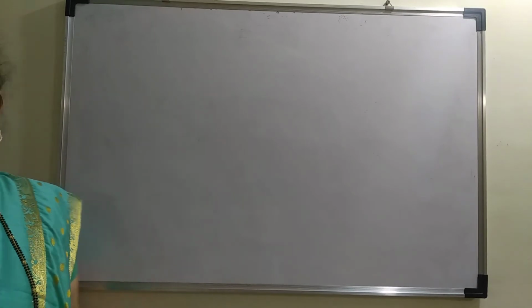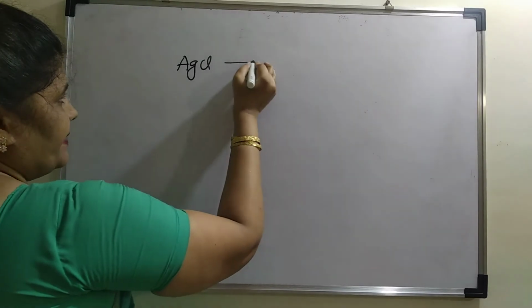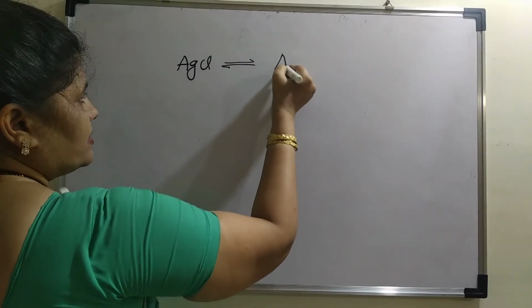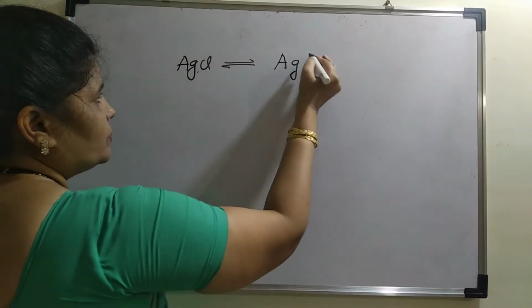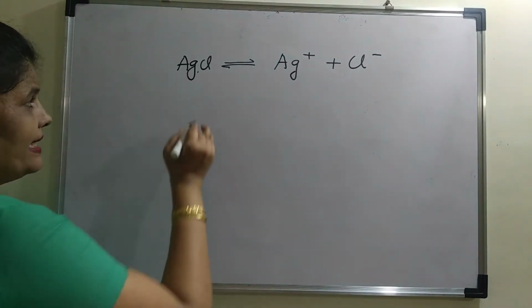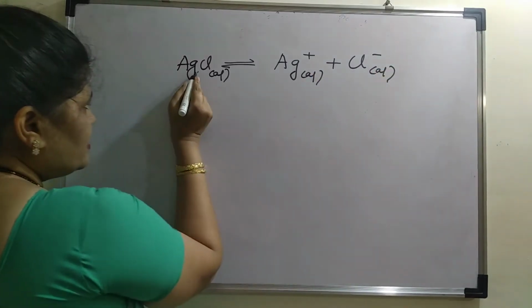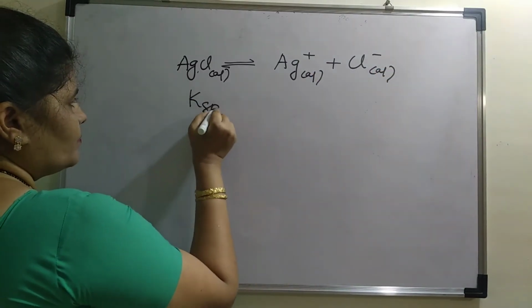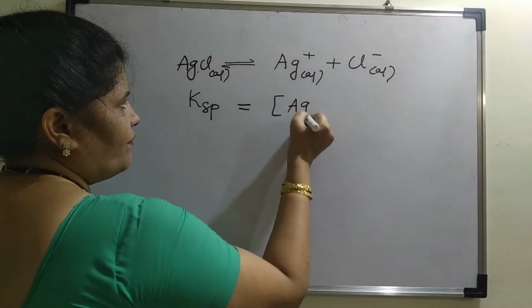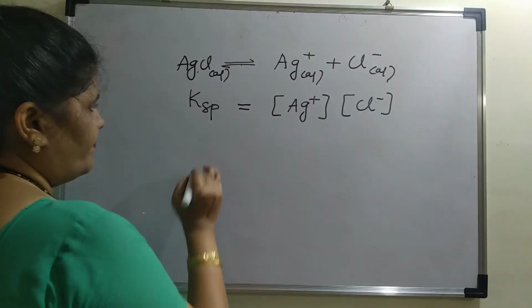So let us see some examples. The first example is AgCl. How will you split this? They all are sparingly soluble salts. So I will get first Ag, here it is 1, so it will be plus, and Cl minus. You can mention the physical states as aqueous. Below this I will write Ksp is equal to the active mass of Ag plus and the active mass of Cl minus.